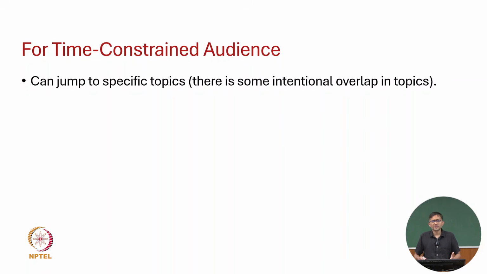Let's say you jump directly to change detection. You have not gone through the initial weeks. Due to this intentional overlap, at least some of the things that you will need for change detection are also covered quickly in the change detection lectures. This is just an example.